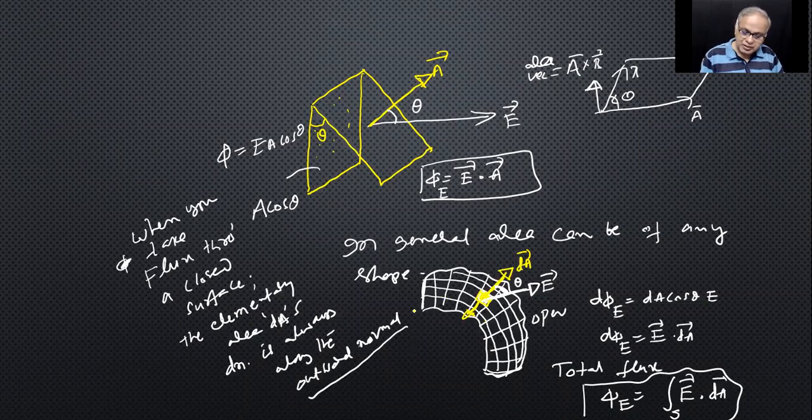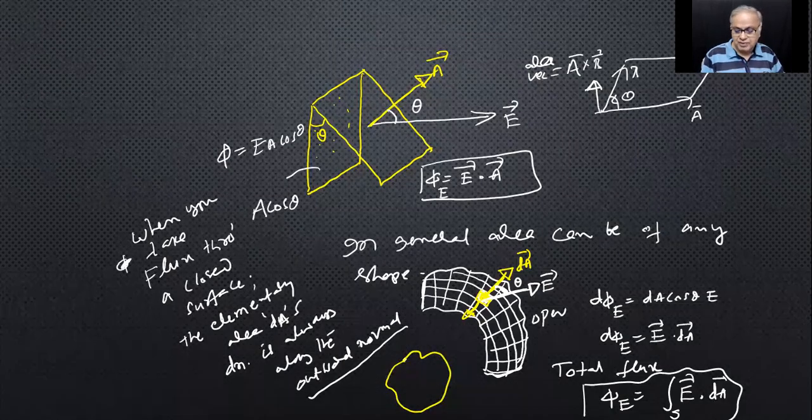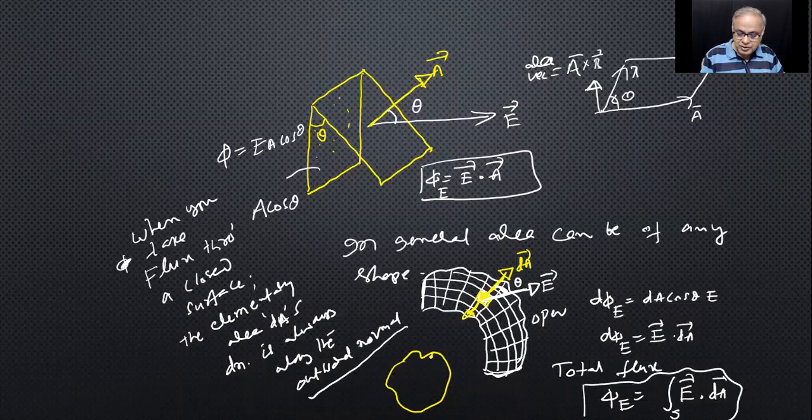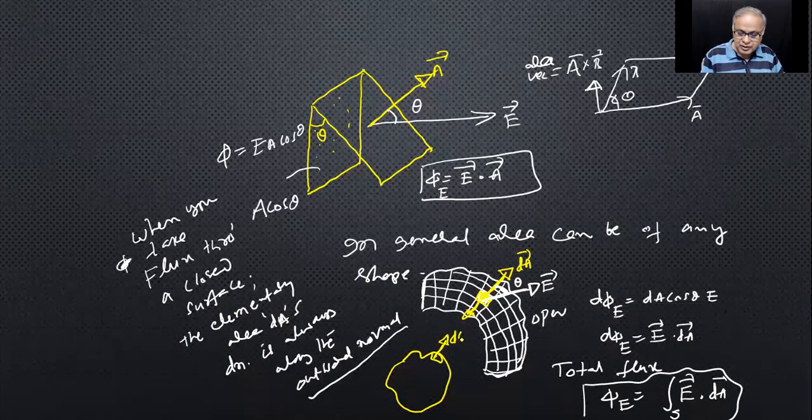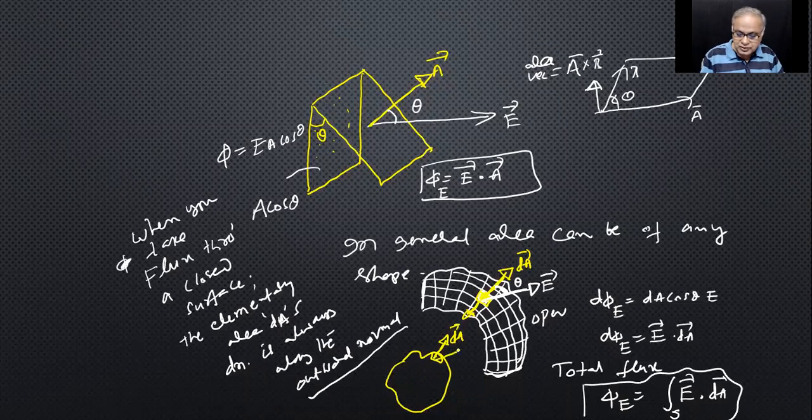But once I take a closed surface, the same thing, for example, I think of a closed surface like that. This is three-dimensional, children, once again. My dA should be this way only all the time, along the outward normal only. Do you follow? So this is my E, for example.